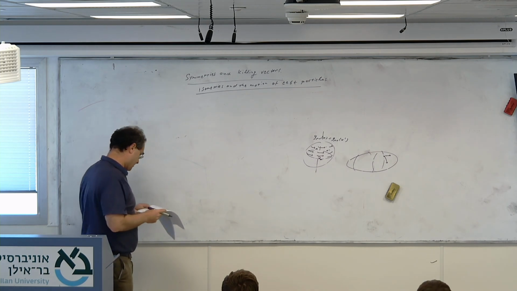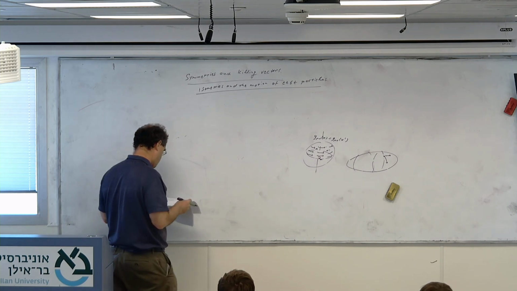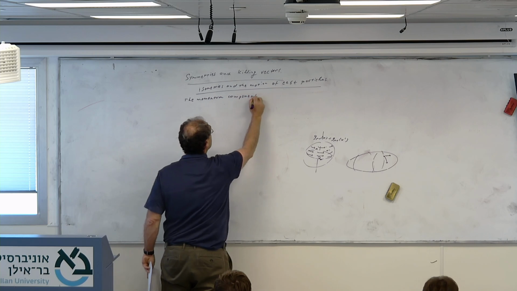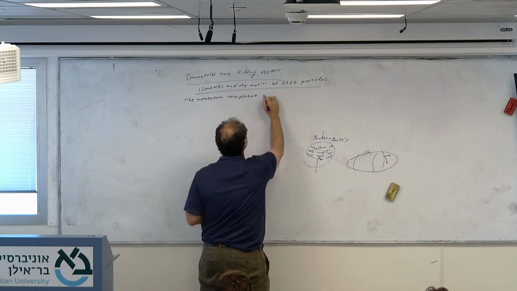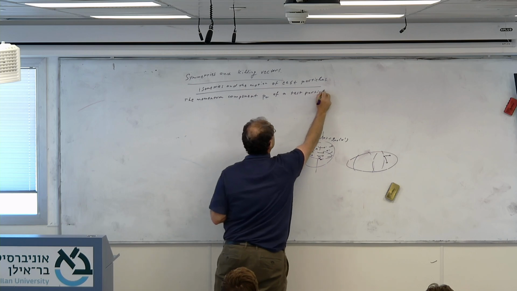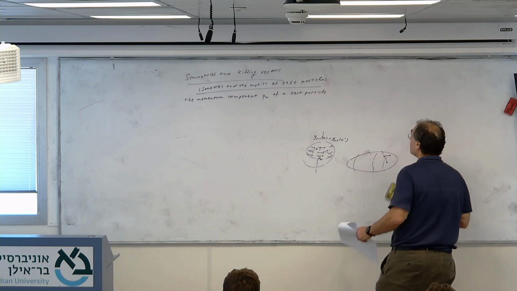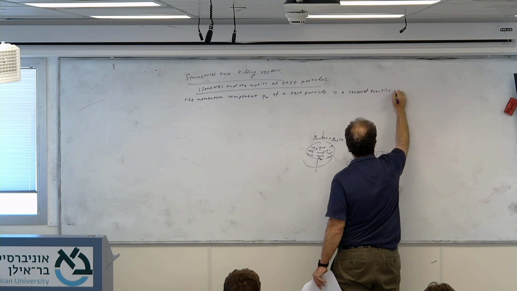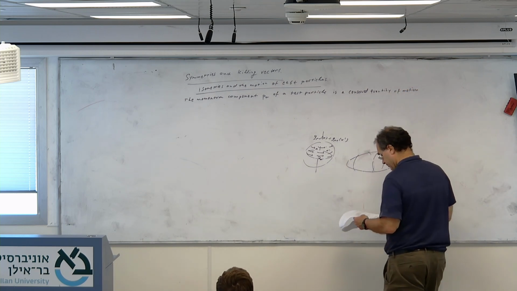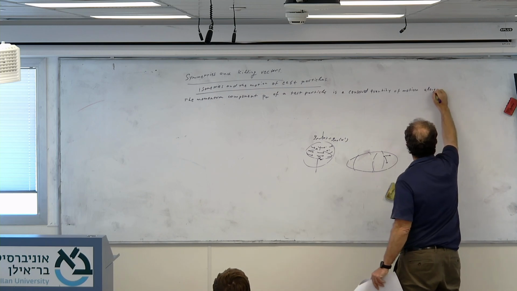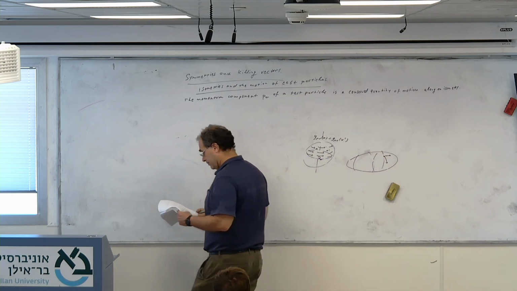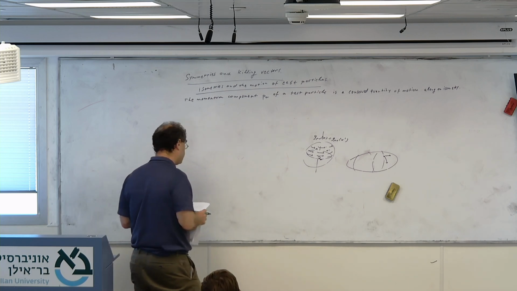So I said, the momentum component p sigma of a test particle is a conserved quantity of motion along an isometry. So that's what we're going to prove.